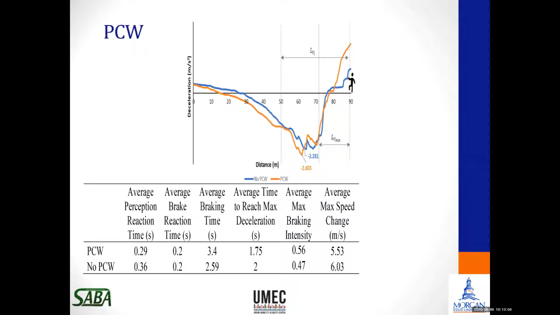As you see in the graph, when we have the PCW, they start to brake earlier and brake harder, and then they go to the stop smoother and later. Average perception reaction time when we have this feature is lower.